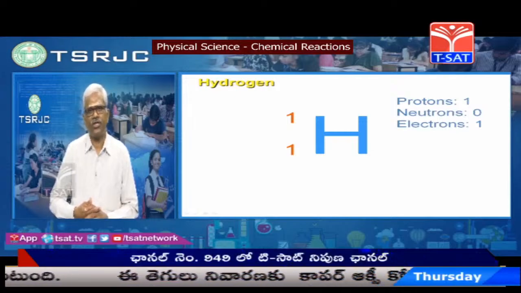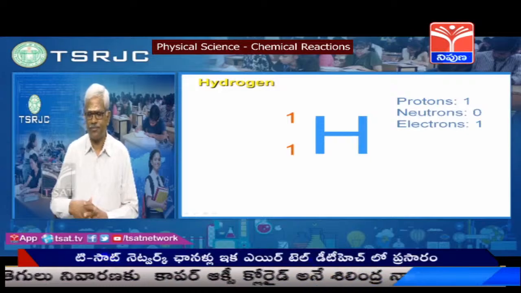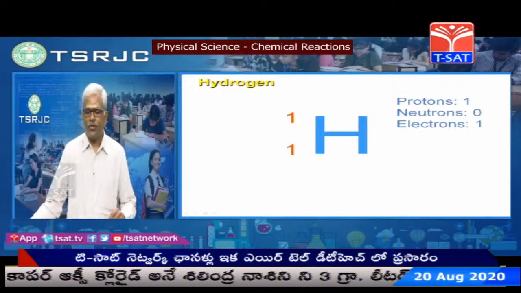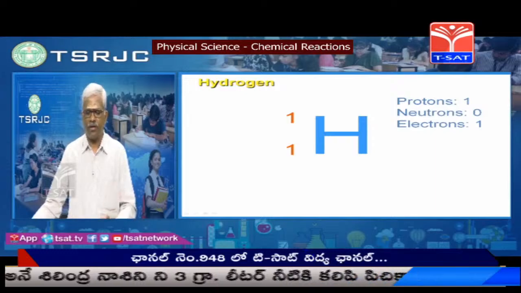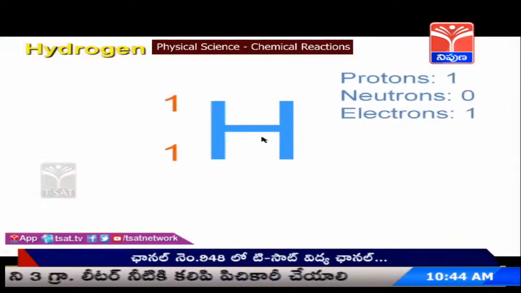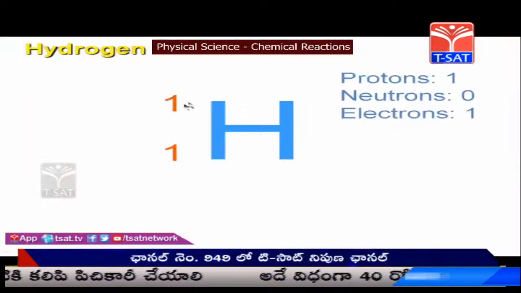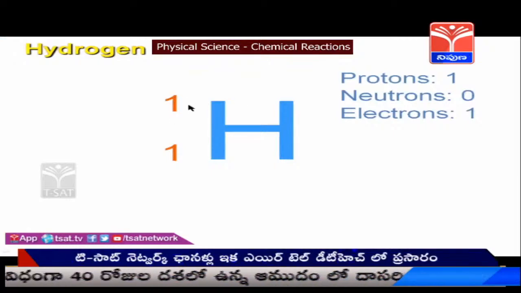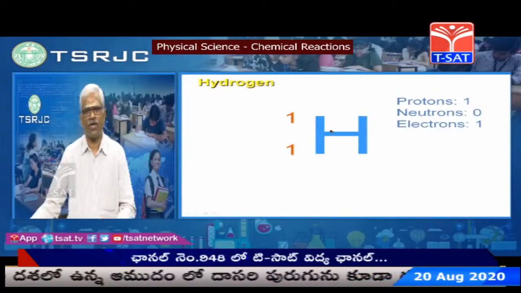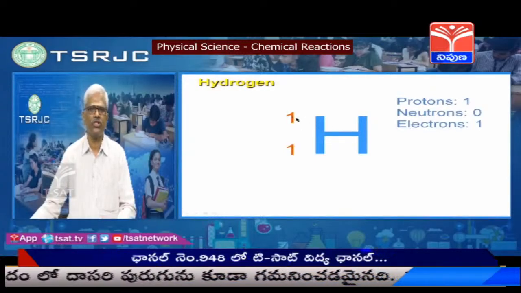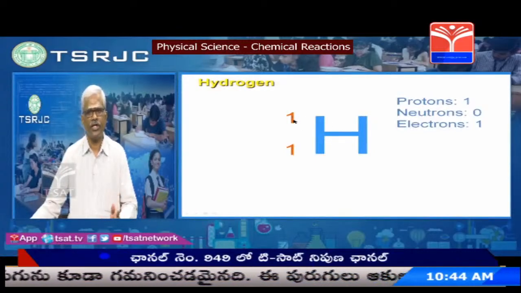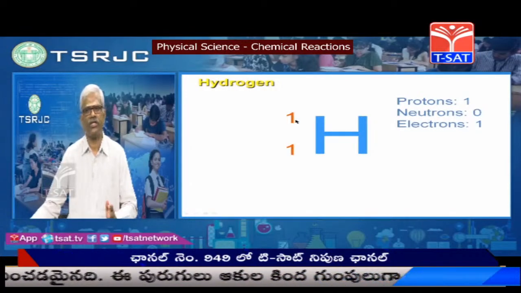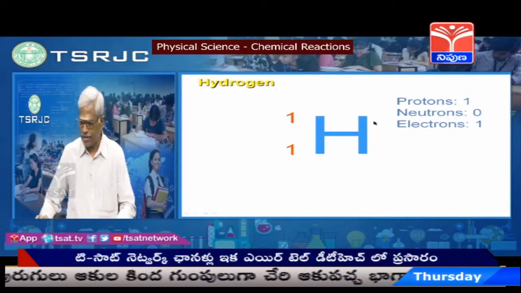What are those 1, 2, 3? It is the mass number. In the exponent position, we show the mass number. H1 is the normal hydrogen atom. If it is 2, it is an isotope. If it is 3, it is another isotope, like that.